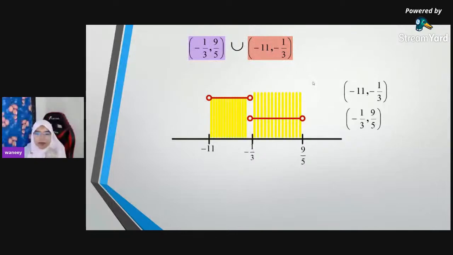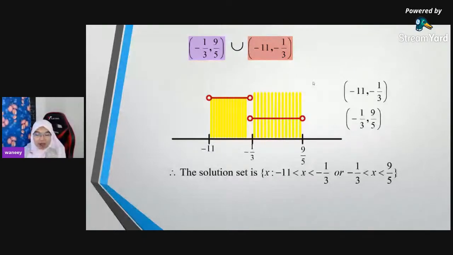So the answer will be x in between negative 11 and negative 1 over 3, or x in between negative 1 over 3 and 9 over 5. Or you can actually take negative 11, negative 1 over 3, union negative 1 over 3 up until 9 over 5.